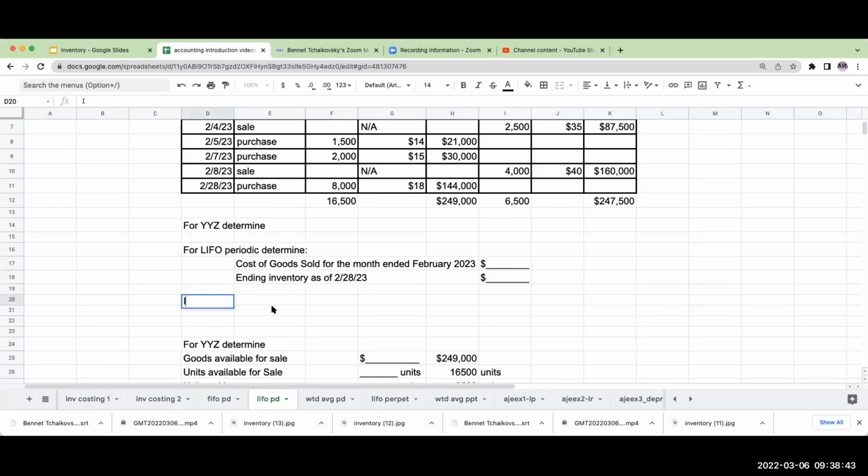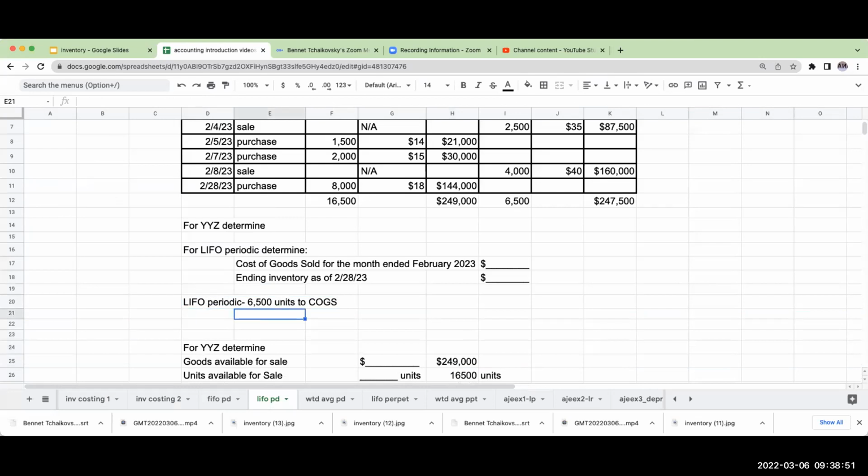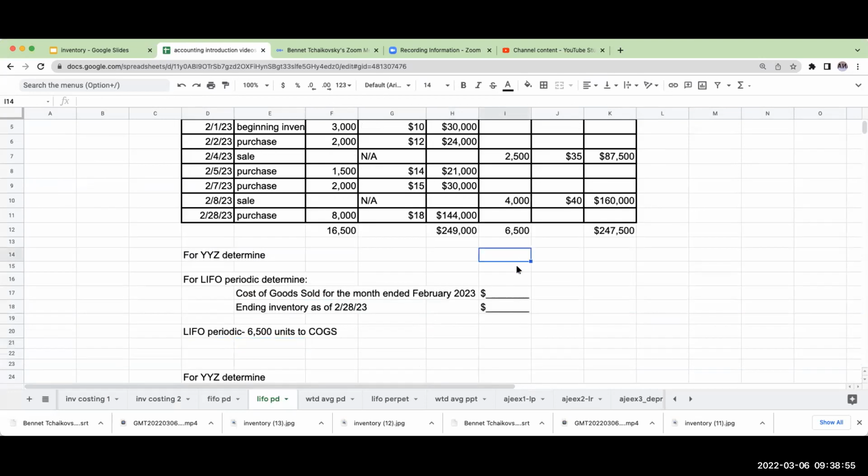So LIFO periodic: 6,500 units to cost of goods sold. Last in, first out, periodic. Ignore the individual sale dates and assume all units were sold at the very end of the accounting period.